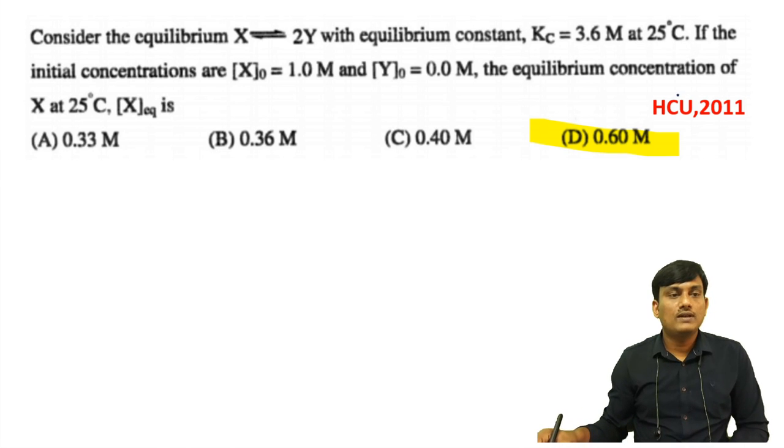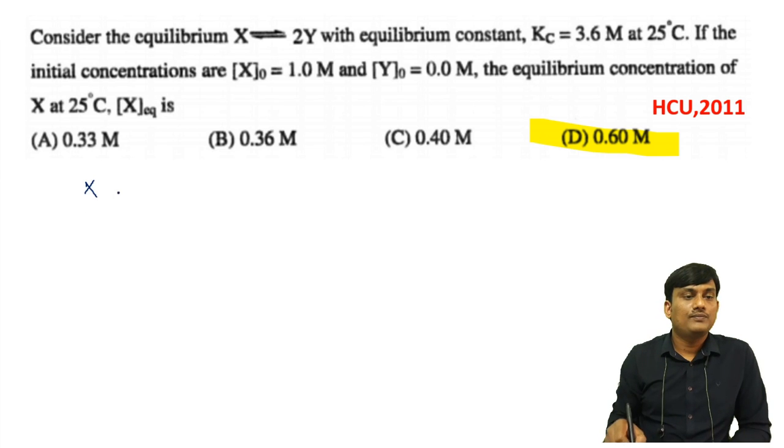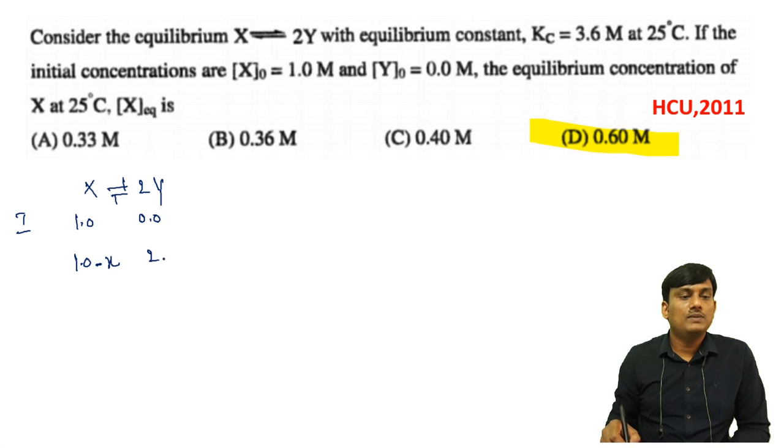The equilibrium concentrations of X at 25 degrees centigrade. Here X gives rise to 2Y. Initial concentrations are 1.0 and 0.0. Let's dissociate X: 1.0 minus x, and 2x.